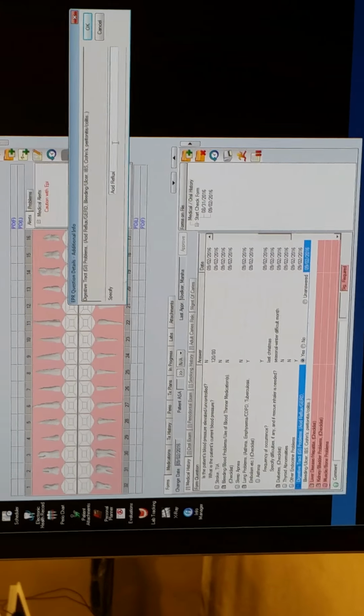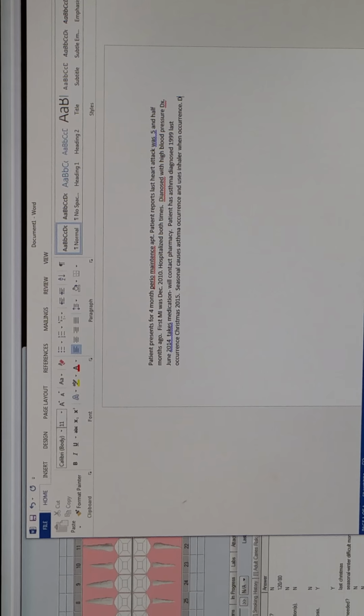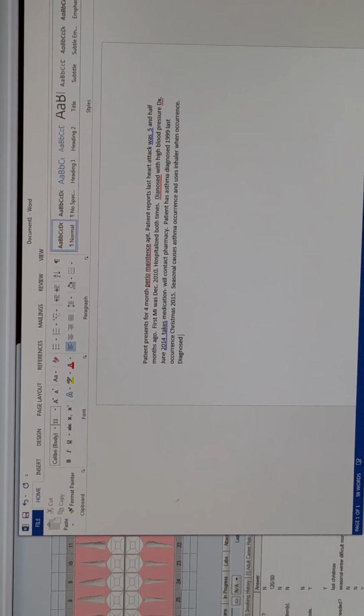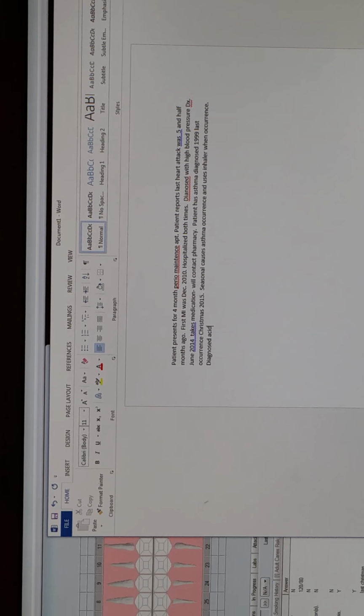Ever been diagnosed with Crohn's disease, which has to do with more of a gluten-free diet? When were you diagnosed with acid reflux? 2012.